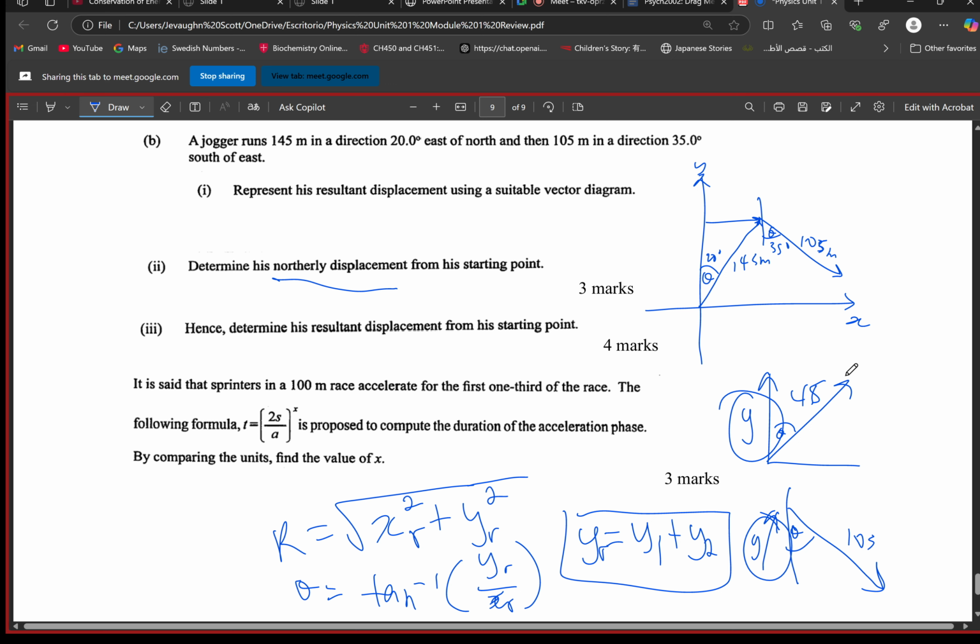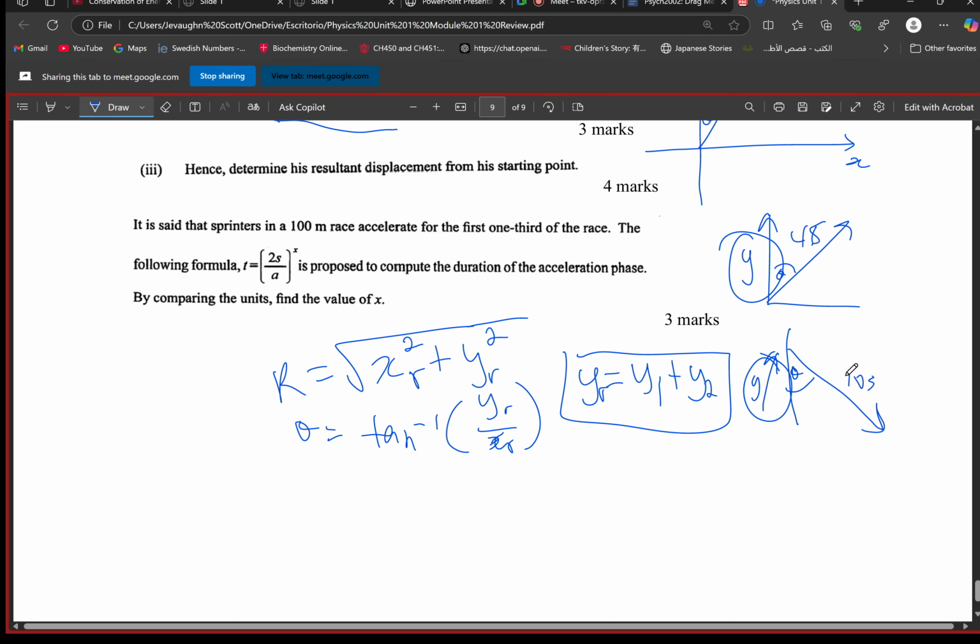Because s would be length, and acceleration is meters per second, so length over seconds squared. And then we have x, and we have t as seconds. So all you have to do is transpose using dimensional analysis, and then you should get the value of x there. Do you guys want me to find the value of x real quick?